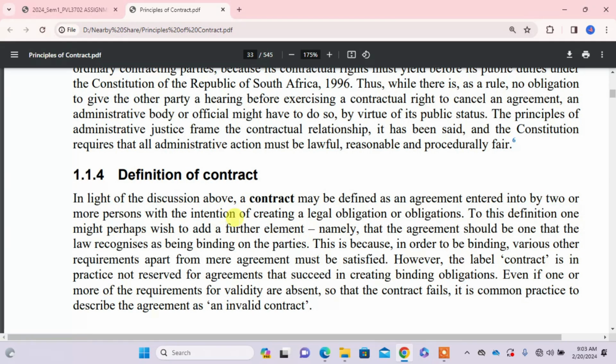A contract may be defined as an agreement entered into by two or more persons with the intention of creating a legal obligation or obligations. It means that an agreement is very important to create a legal obligation.